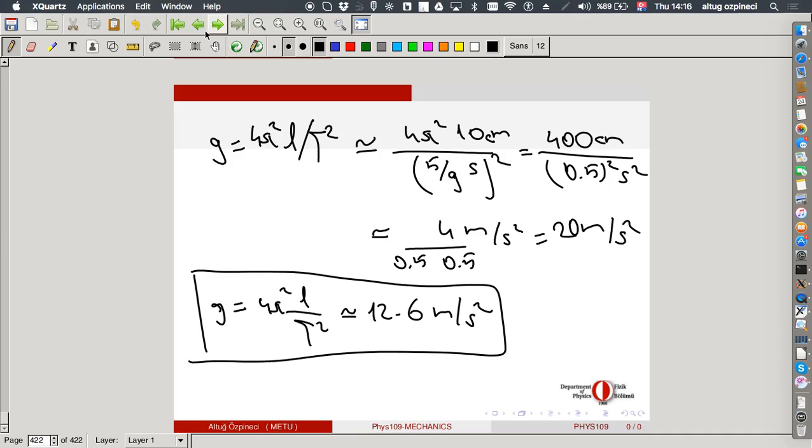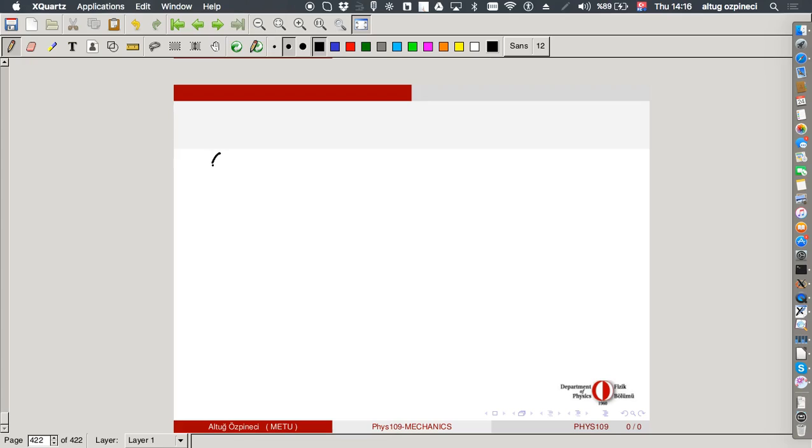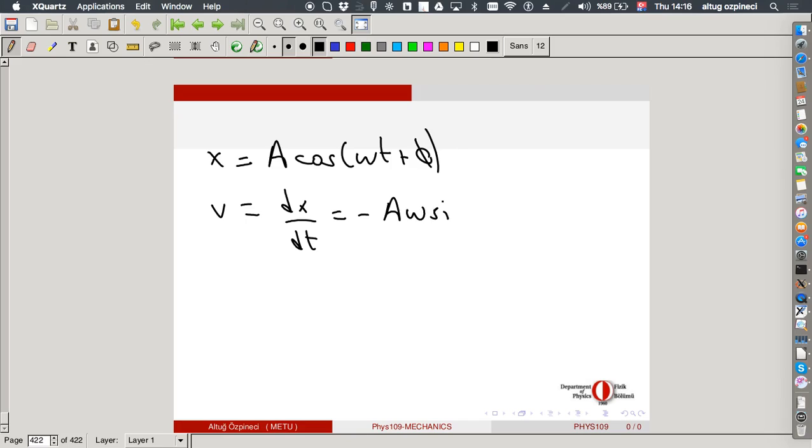Okay, so let's continue with these simple oscillations. We know that if we look at the one-dimensional analog, the displacement will be A times cosine omega t plus phi. We know the velocity is just the time derivative. This is minus A omega sine omega t plus phi.